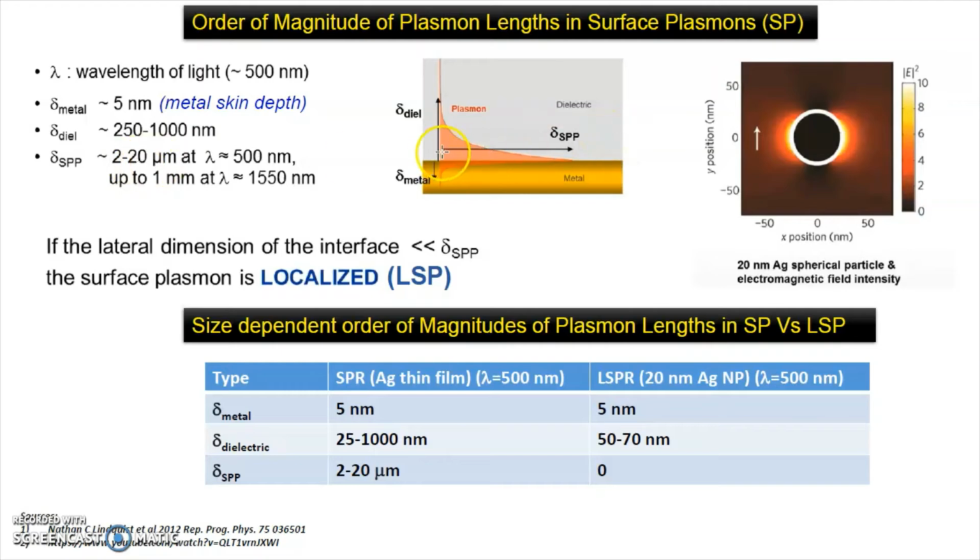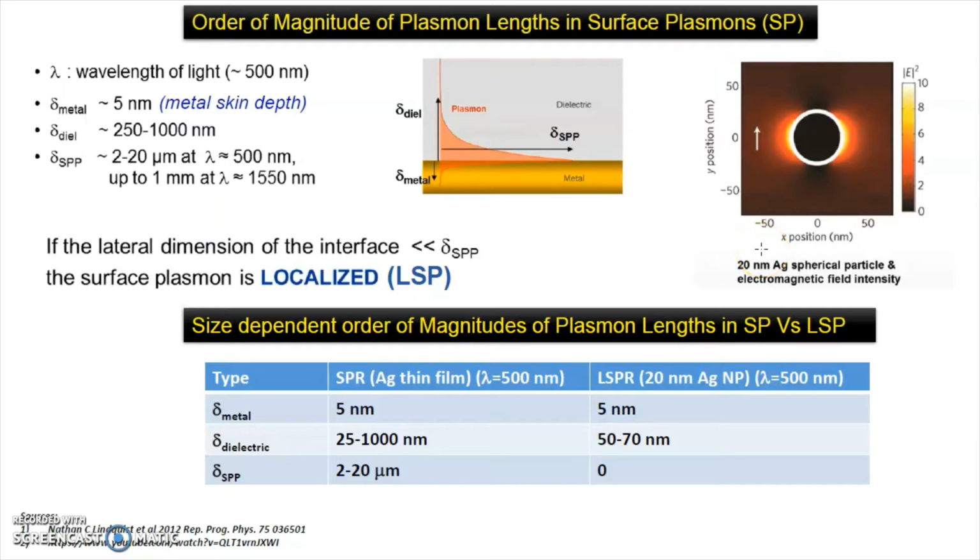It is very big because it is surface plasmon propagation along the longitudinal direction of the surface. So it goes a very long distance, and as you go away from the center, its amplitude goes down, and that's why we call this an evanescent electric field.